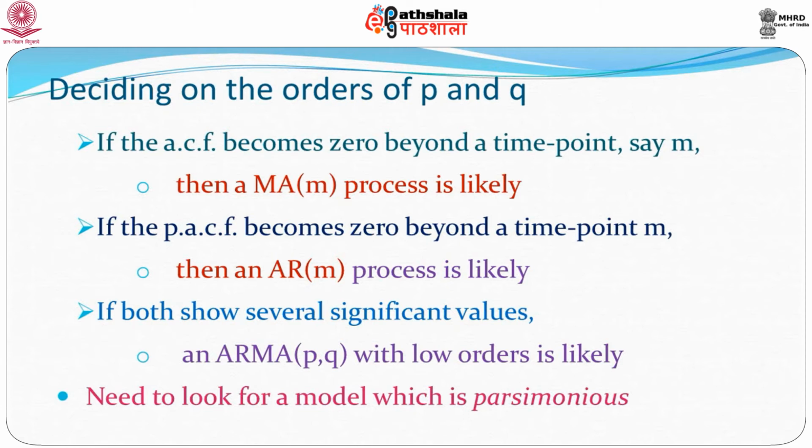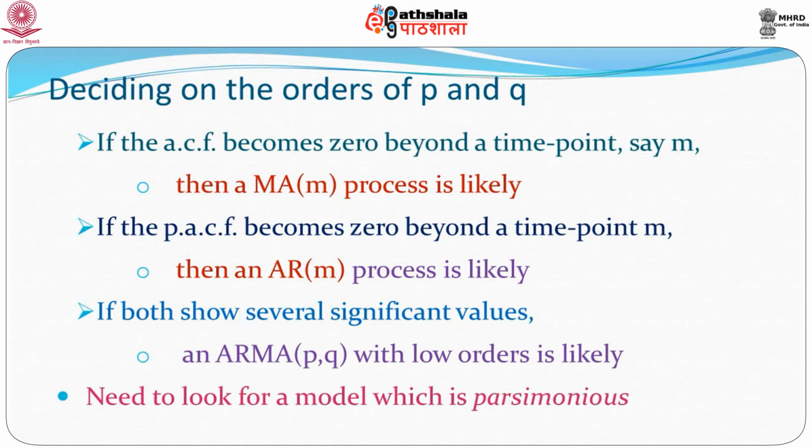Now, remember that if you have an ARMA(p,q), you can write it as an AR infinity. So, if you have an AR series of very high order, say 10 or 12, then probably it can be substituted by an ARMA(1,1) or ARMA(1,2) or (2,1). So, these would be alternative candidates.